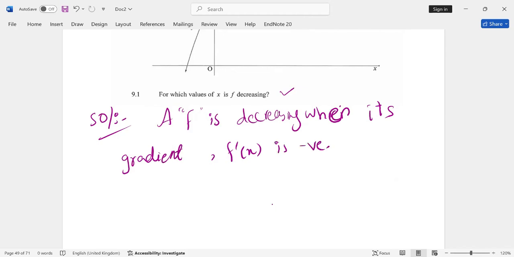So on the graph, this happens between the local maximum and local minimum.